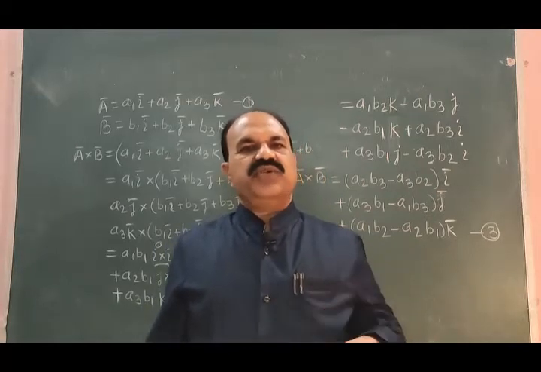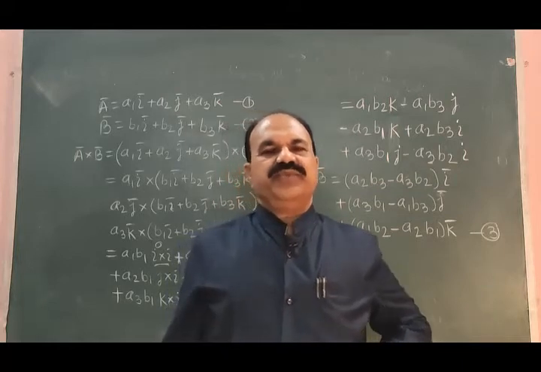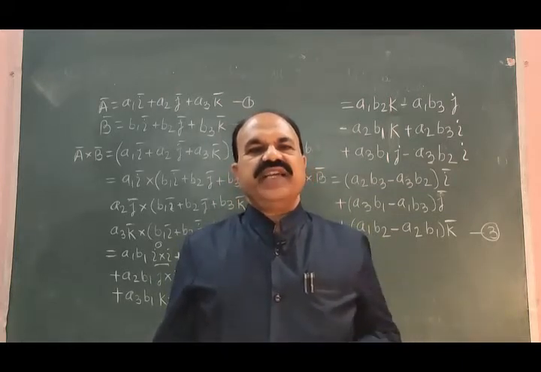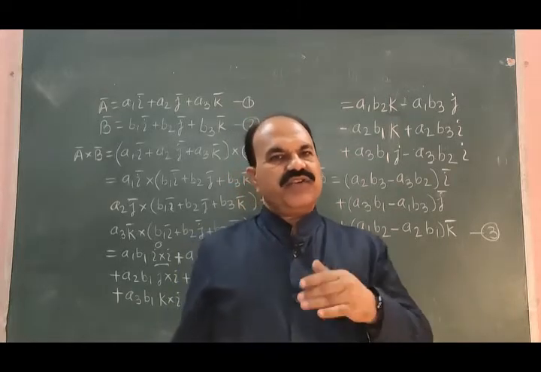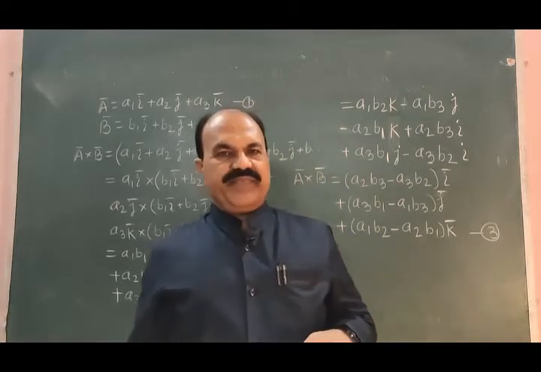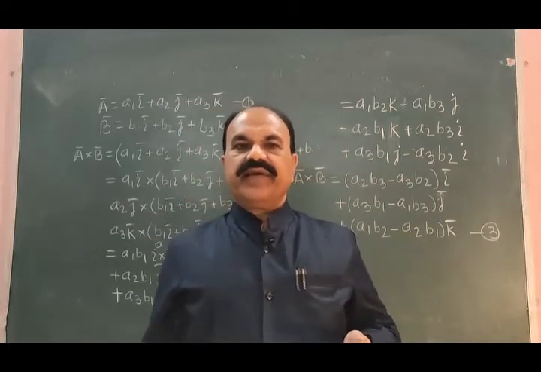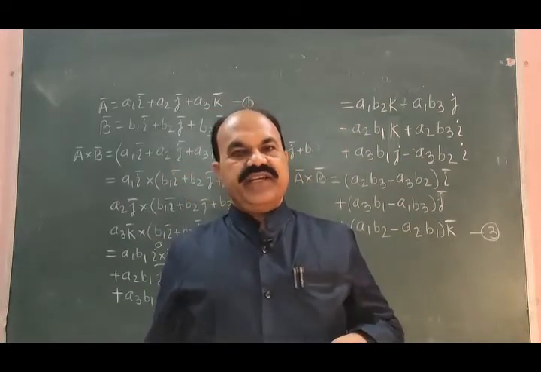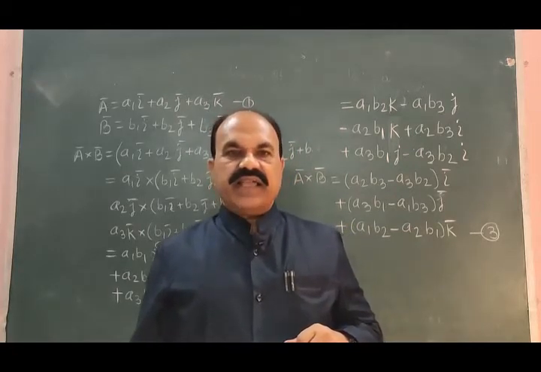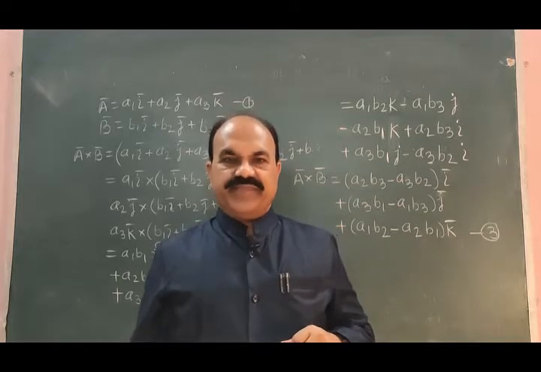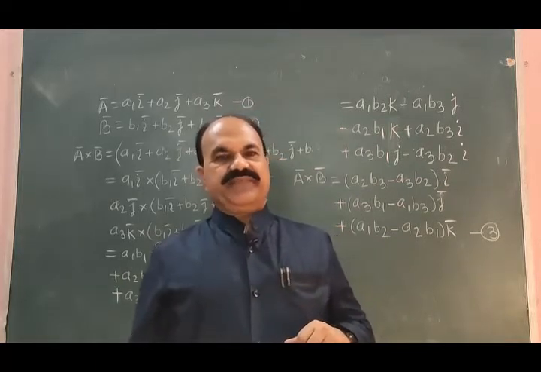I cross I is 0, J cross J is 0, K cross K is 0. I cross J is equal to K, J cross I is equal to minus K, J cross K is equal to I, K cross J is equal to minus I, K cross I is equal to plus J, I cross K is equal to minus J.